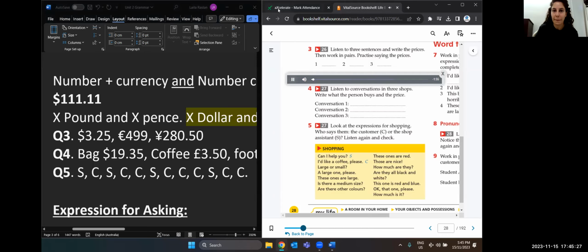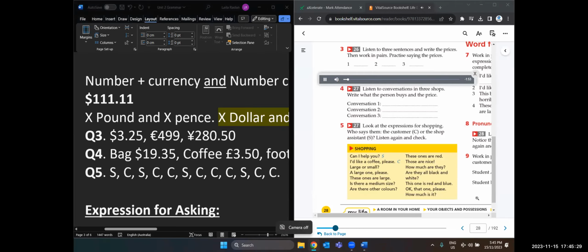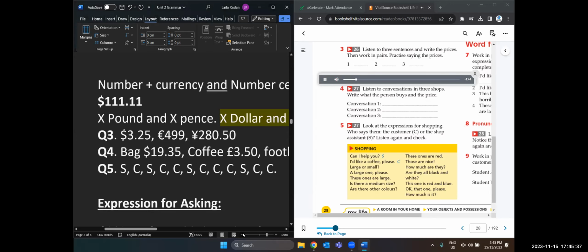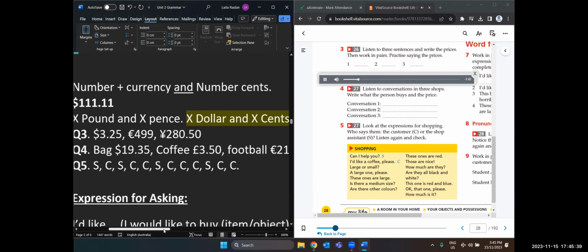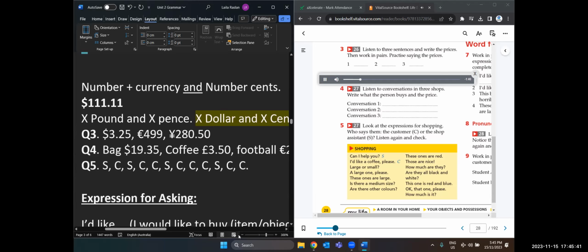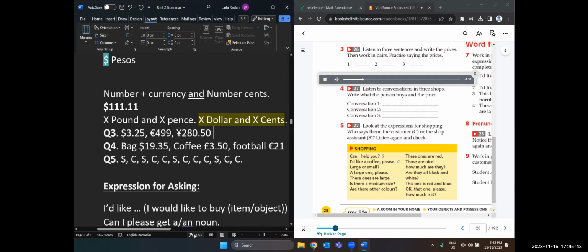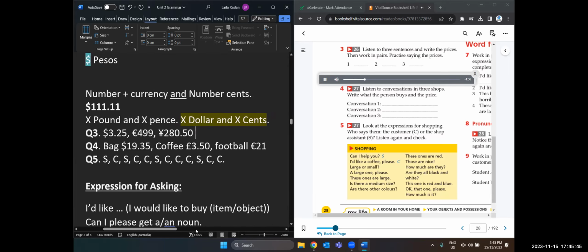Track 27. Unit 2D. Conversation 1. Hello. Can I help you? Yes, these bags are nice, but they're very small. Are there different sizes? Yes, there are. These ones are large. Right. Is there a medium size? No, only 2 sizes.